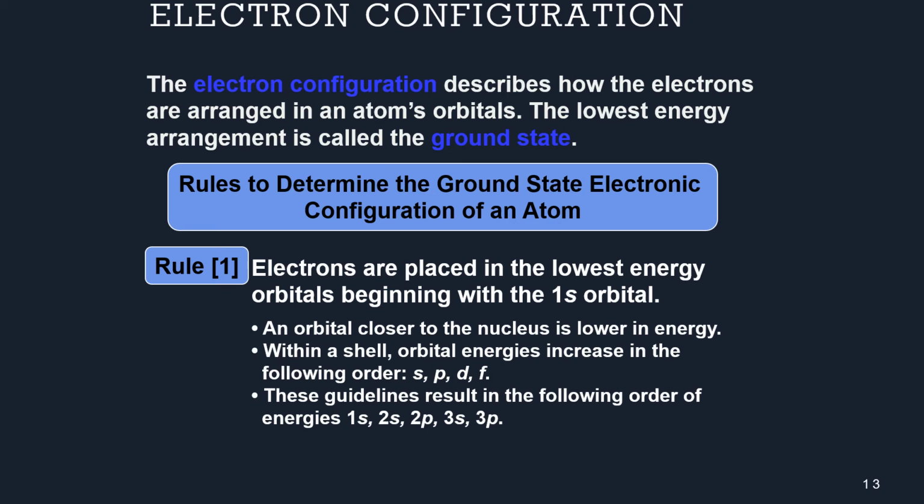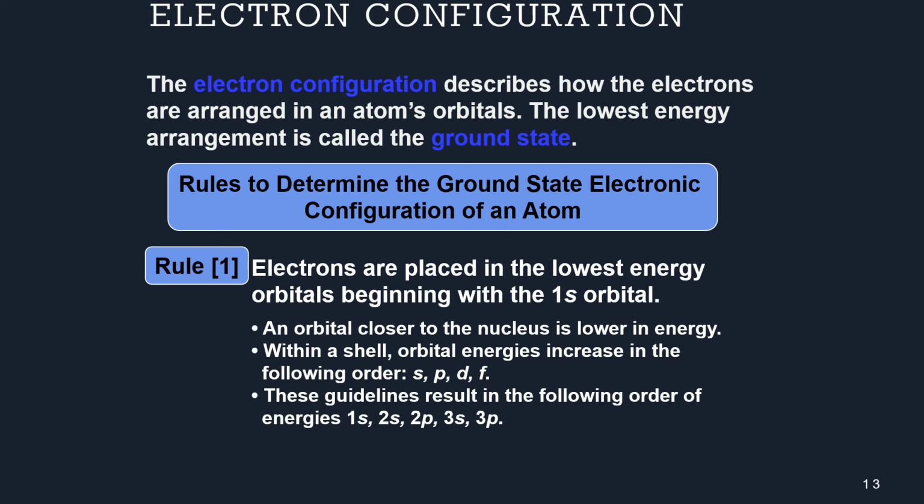First, we're always going to place the electrons in the lowest energy orbitals, beginning with 1s. An orbital closer to the nucleus is the lowest energy, and within a shell, the orbital energies increase from s to f. So you always want to start with the lowest number and s.